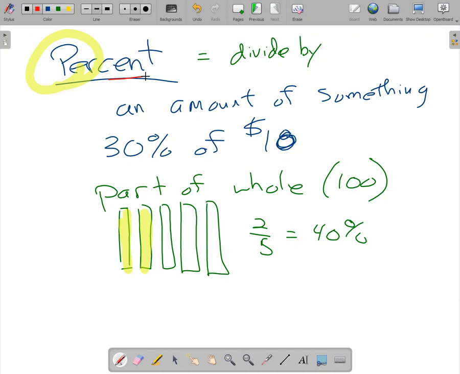Not 10, you're close though. 1. Almost. So other way, 100. Yeah, think about a cent. As far as money goes, it is 1 out of 100 in a dollar. And so cent really means 100. So the word percent literally means divide by 100.